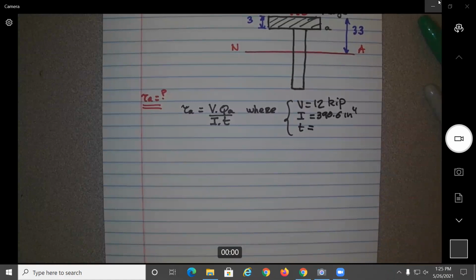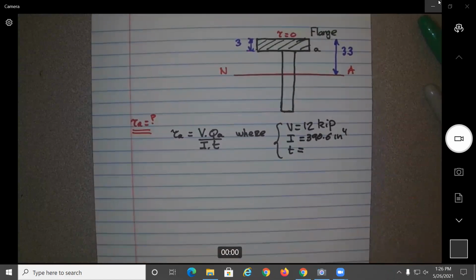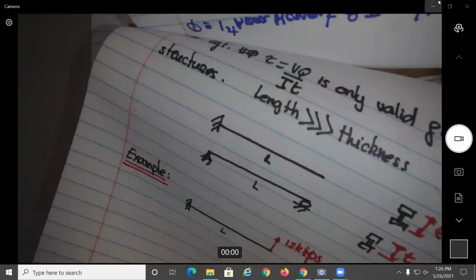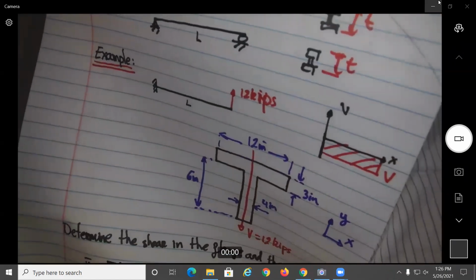now here, be careful, what should be t? Let me see, we forgot one thing here, I think. So this is the figure over here.